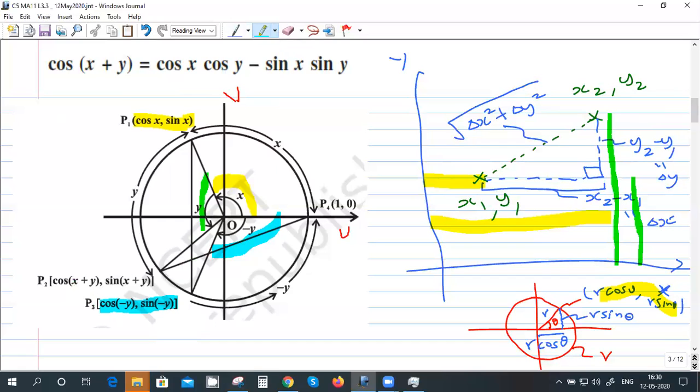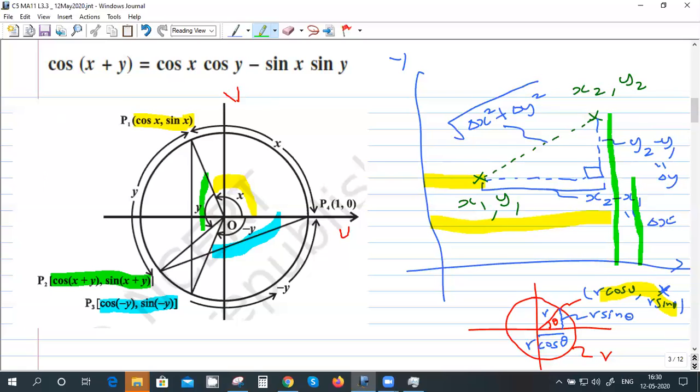And there is one more line making angle x plus y with the horizontal axis, so the coordinate of that point is cos x plus y, sin x plus y. The angle is always measured from the horizontal axis in the positive direction.